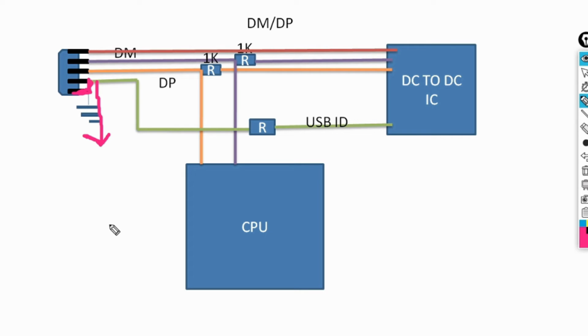It means a device is connected, so the PMI gives a signal to the CPU and the CPU enables the OTG mode, right? Before you connect the OTG, this line has 1.8 voltage. After you connect the OTG, this line is shorted with ground, so the 1.8 voltage goes to ground. So this line is first logic high, and after connecting the OTG it is logic low.